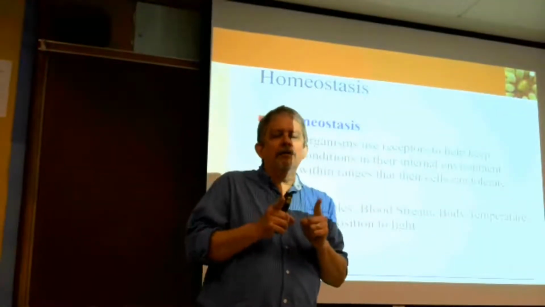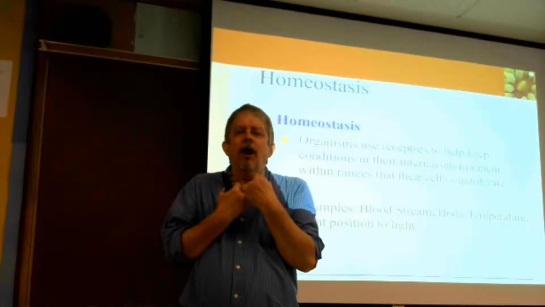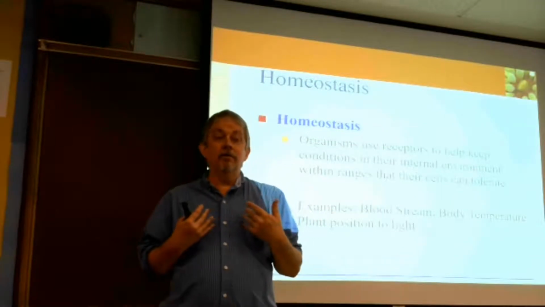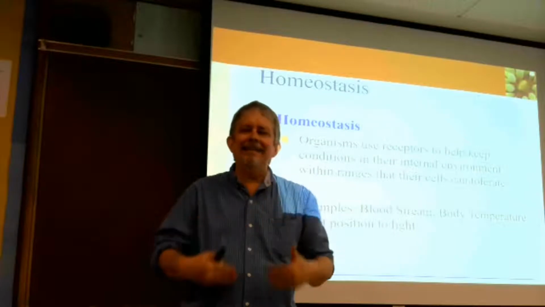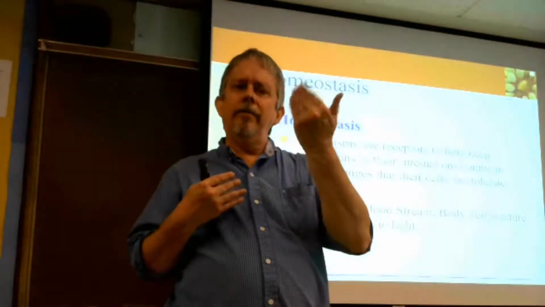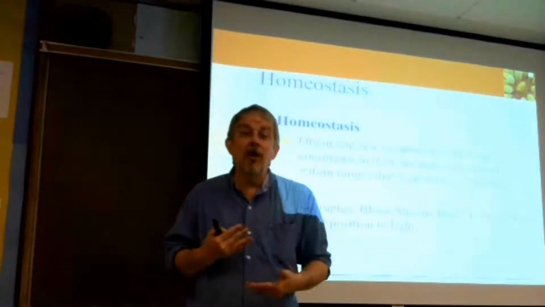So your body is going to fight to keep your blood oxygen at a certain level, your blood sugar at a certain level, your body temperature at a certain level. All these things are going to stay the same. That's why when you get sick, your temperature can go up or down and things aren't normal, and your body struggles with that.